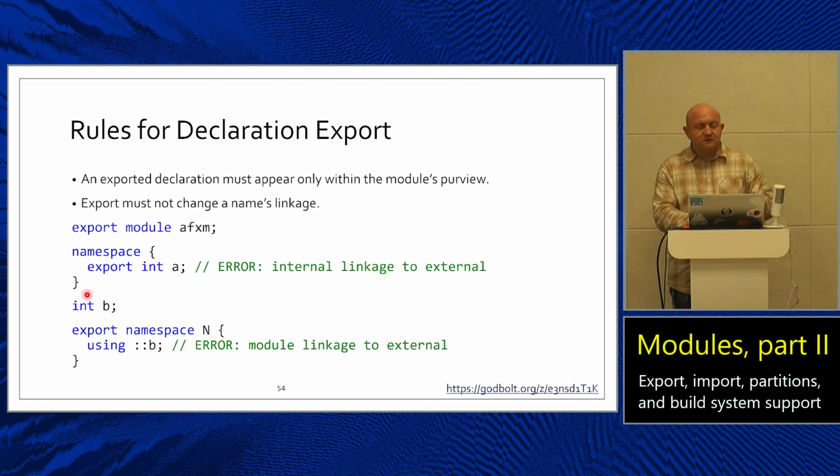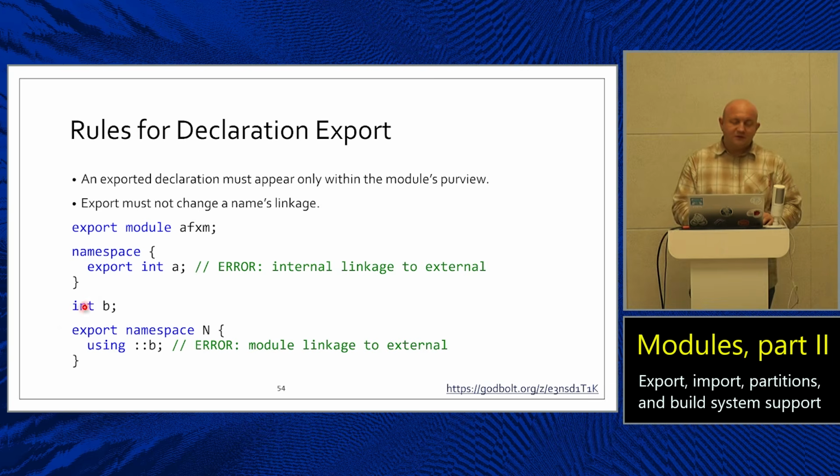Imagine this is part of a header, and you want to take a couple of declarations from the header, have them inside your module with module linkage and export like this, and this will fail. And if you try to override that, you'll run into some very interesting problems that people have in real projects.